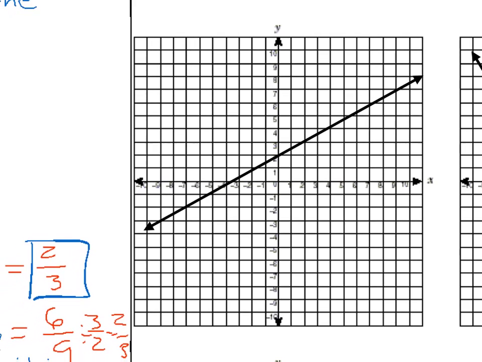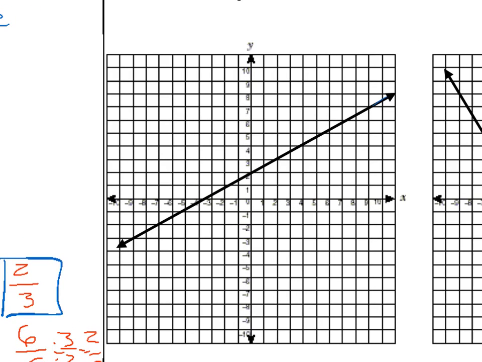Positive, because we see here that it ends kind of going upward. So the first thing that we're going to write whenever we see a problem like this and you're asked to find the slope of the line, you're going to write whether it's a positively sloped line, negatively sloped line, or if it just so happens to be undefined or zero. So this one's a positively sloped line.